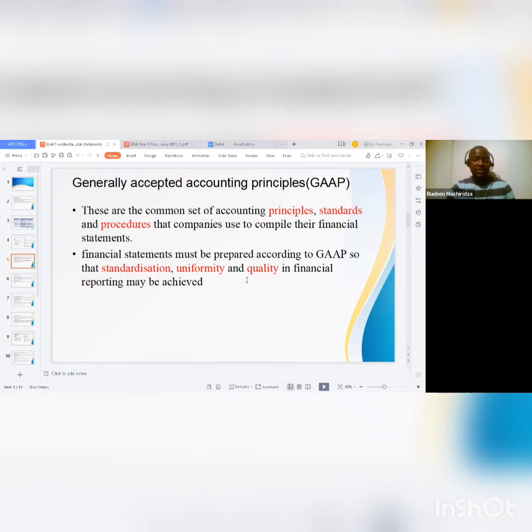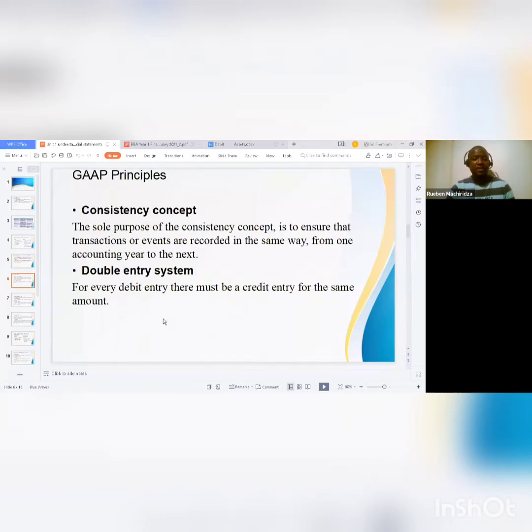So that is why we stress the use of the GAAP, the generally accepted accounting principles. We want to look at the principles in particular. I took some of the principles that you face on a day-to-day basis. I have left a few for you to look at.